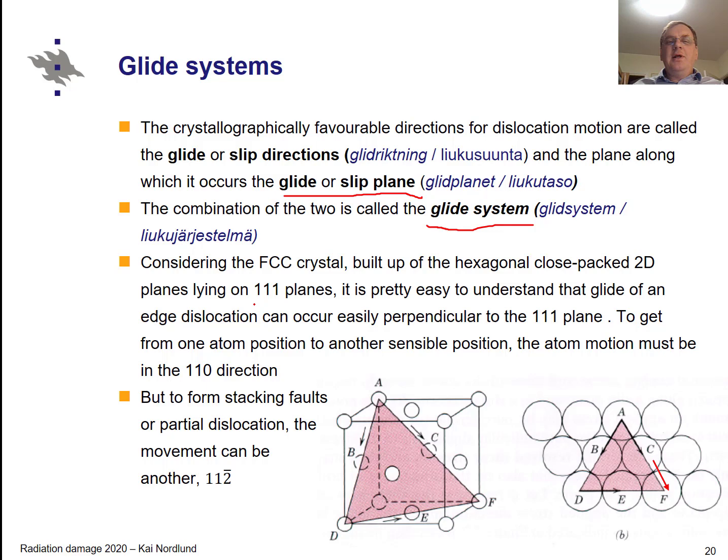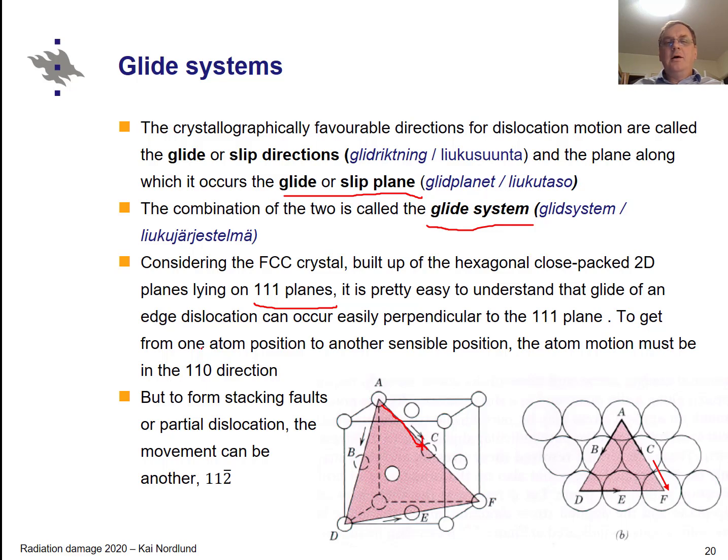For instance, if you look at FCC, because FCC can be understood to be built of these hexagonal close-packed two-dimensional 111 planes, it's pretty easy to understand that glide of an edge dislocation can occur perpendicular to the 111 plane, and then to get from one atom position to the next in this one, you would move in the 110 direction.